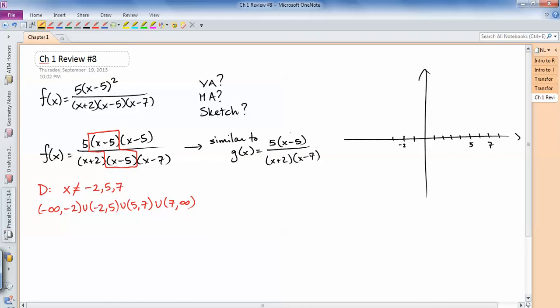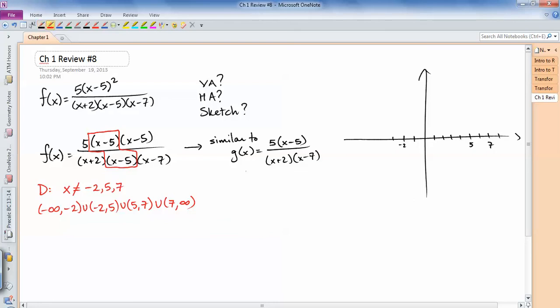The way that I get this new g of x is just by pretending that I've canceled out those two terms over on the left side that I've boxed in red. The only difference between f of x and g of x is that g of x is defined when x equals 5, because there's no restriction on the denominator in g of x.